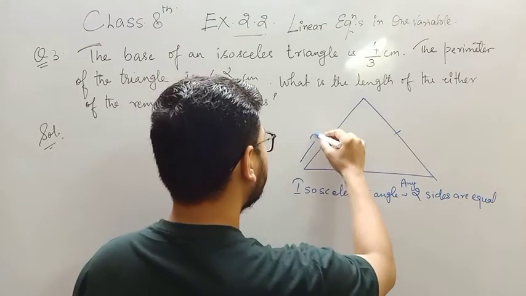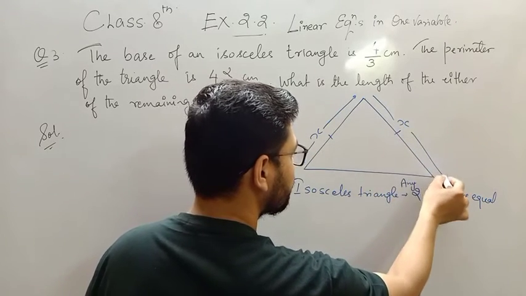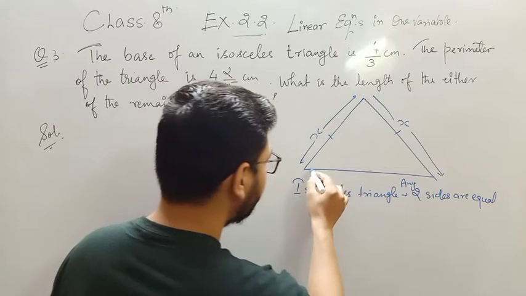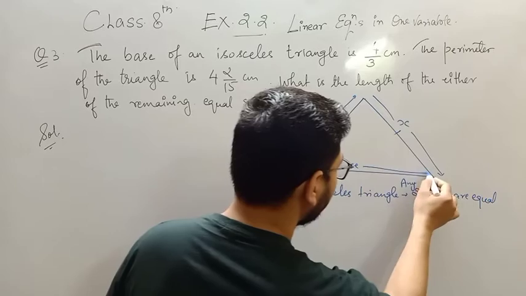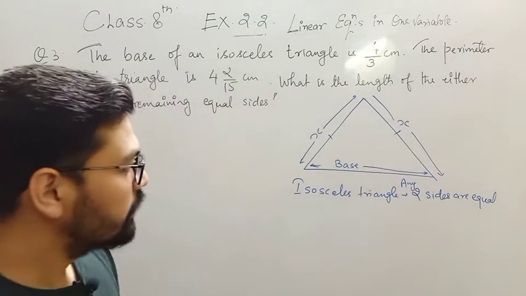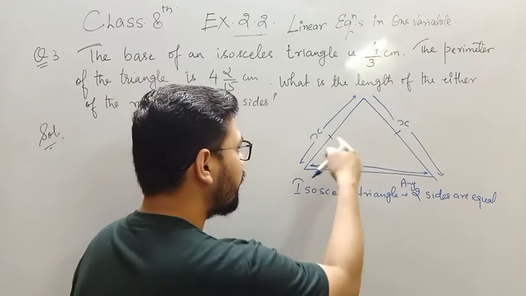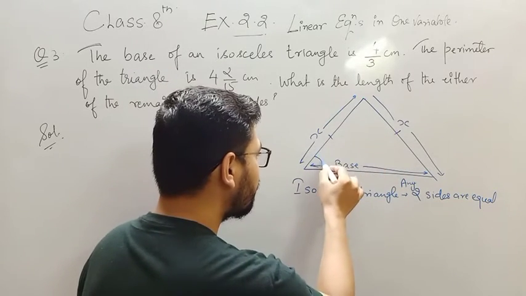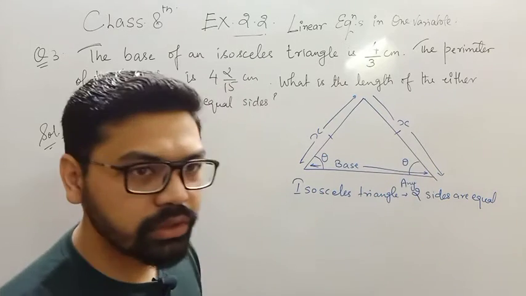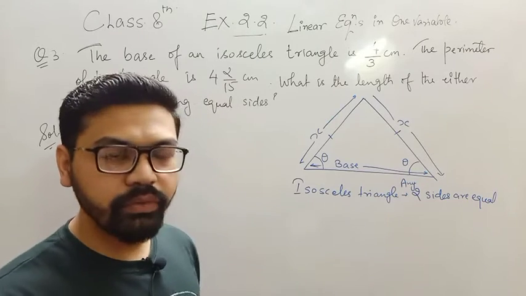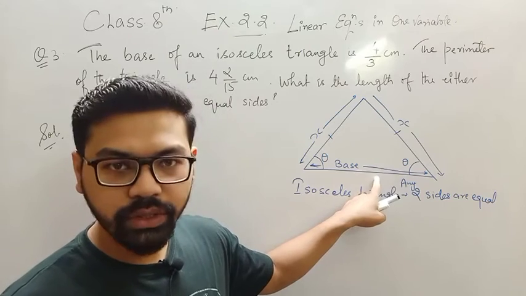Let's say this is x, then this is also x, and this is the base of this isosceles triangle. So an isosceles triangle is a triangle having two equal sides, and the angles opposite to these two sides are also equal, though it is not required in this case, but I am just giving you additional information about the isosceles triangle.